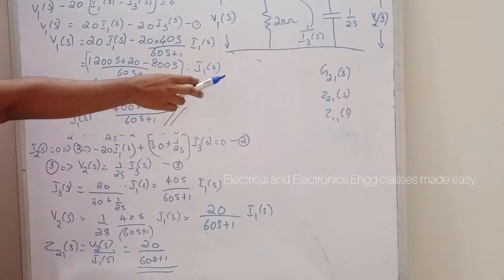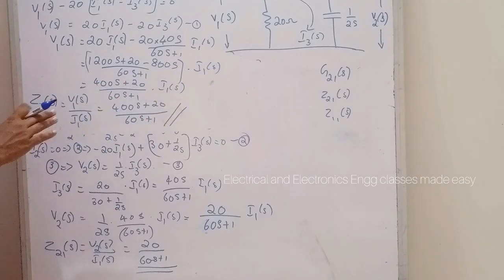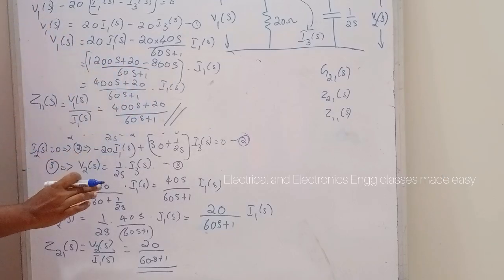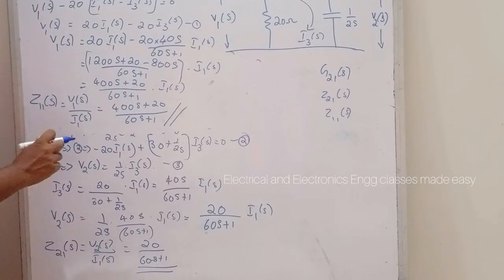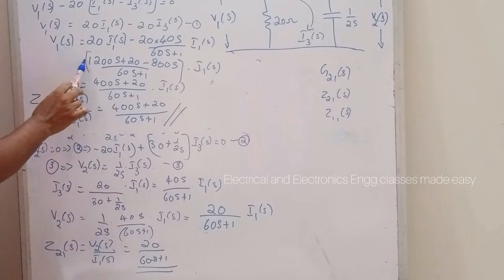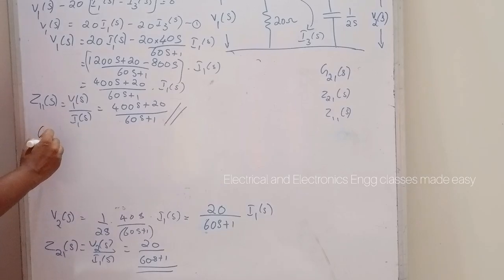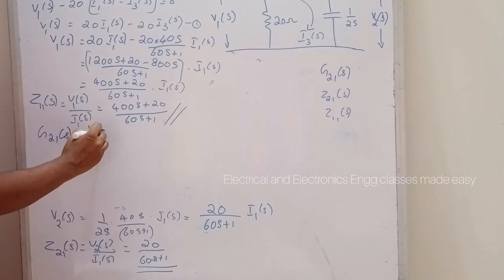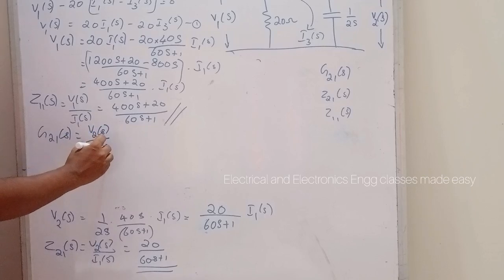Now we have to find the value of G21 of s. So what is G21 of s? It is V2 of s divided by V1 of s. So V2 of s is here and V1 of s is this one. So G21 of s is the voltage transfer ratio, that is V2 of s divided by V1 of s.